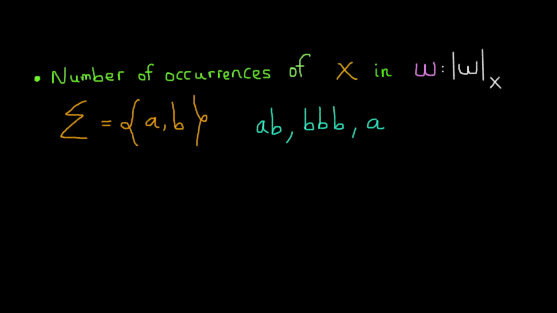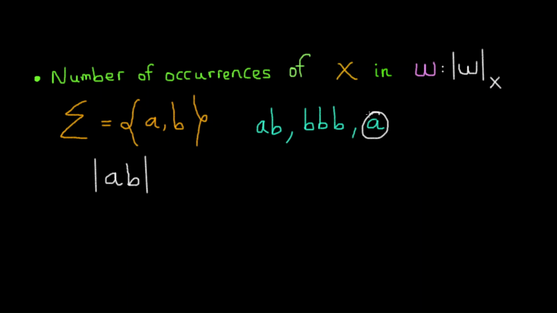Well, first of all, the idea here is that we write the word W. In this case, the word W is the word AB. So we write here the word W. Then we write these two vertical bar symbols, these two pipes. And then as a subscript, we write the word we want to compute the number of occurrences of.